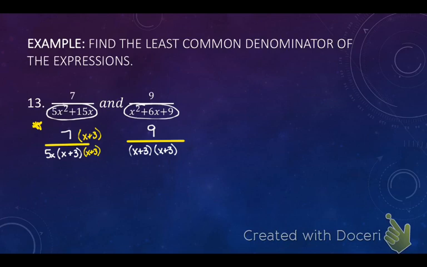Yeah. But now, do I have everything in the second one that I have in the first one? No. So what do I need in the second one? A 5x, right? So I would just go 5x and 5x. All I'm trying to do is get the bottom side to where they match or where they look the same.